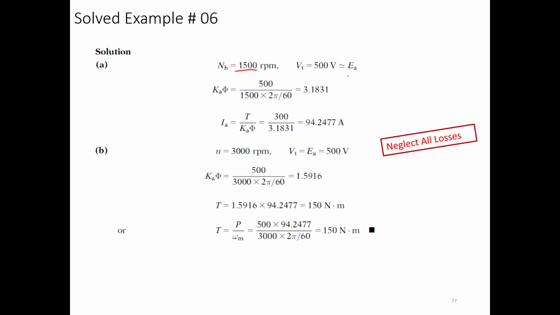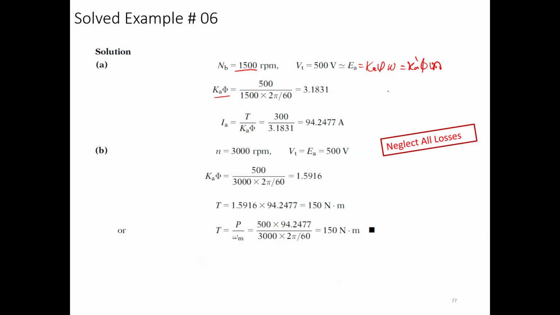So we can say that Ka phi equals V terminal divided by the speed, since you know that the induced volt equals Ka phi times omega, or Ka prime phi times N.